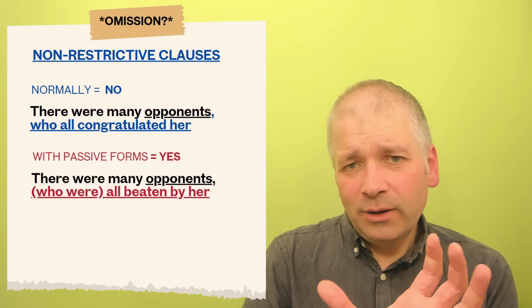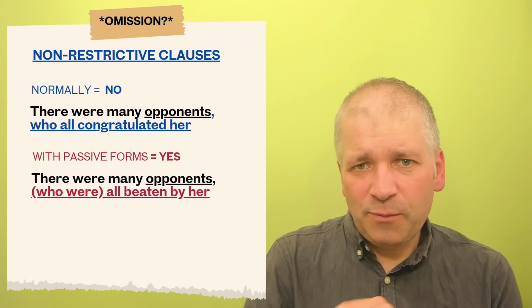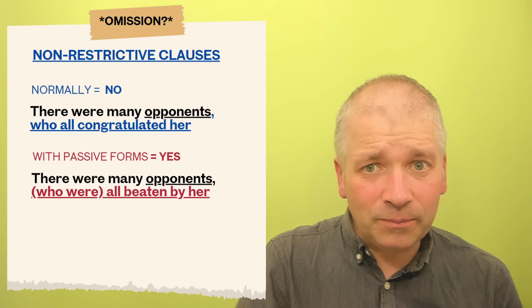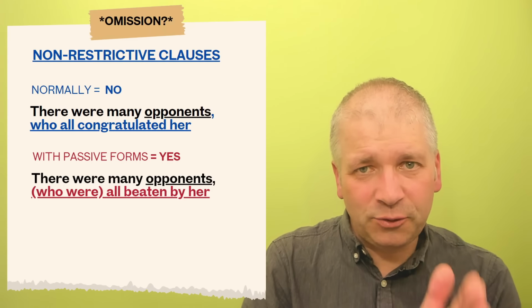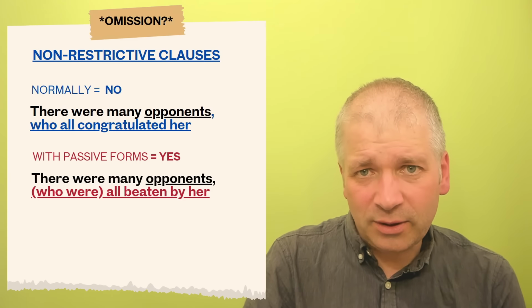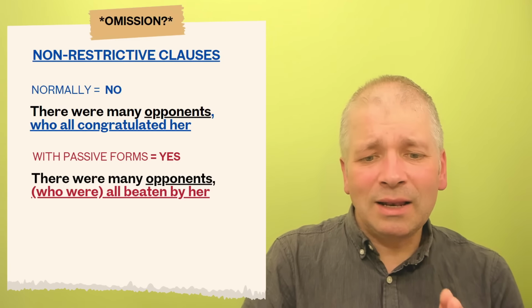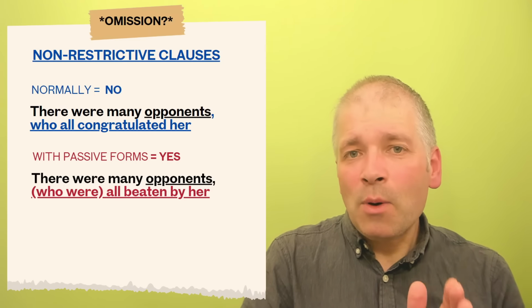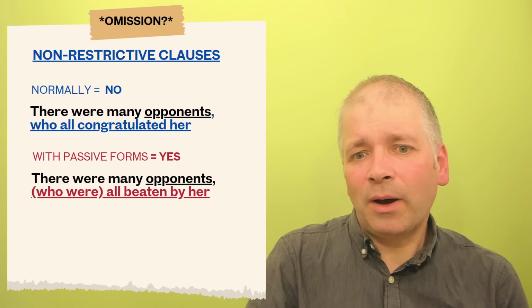Were and beaten is our passive phrase. We put all in the middle to add extra meaning to beaten, but it's still a passive because we have to be followed by the past participle. Here we can leave out who were, and we could say there were many opponents, all beaten by her.